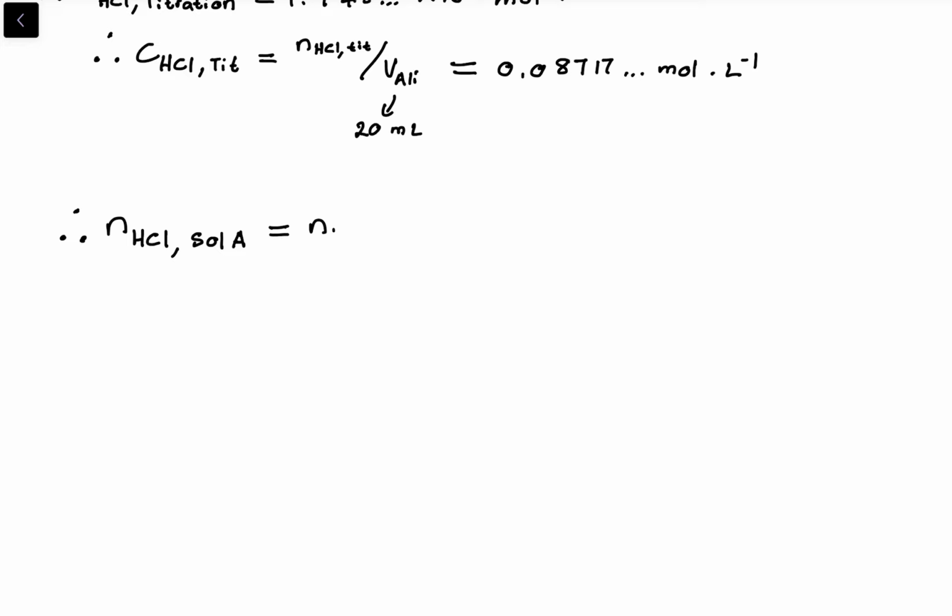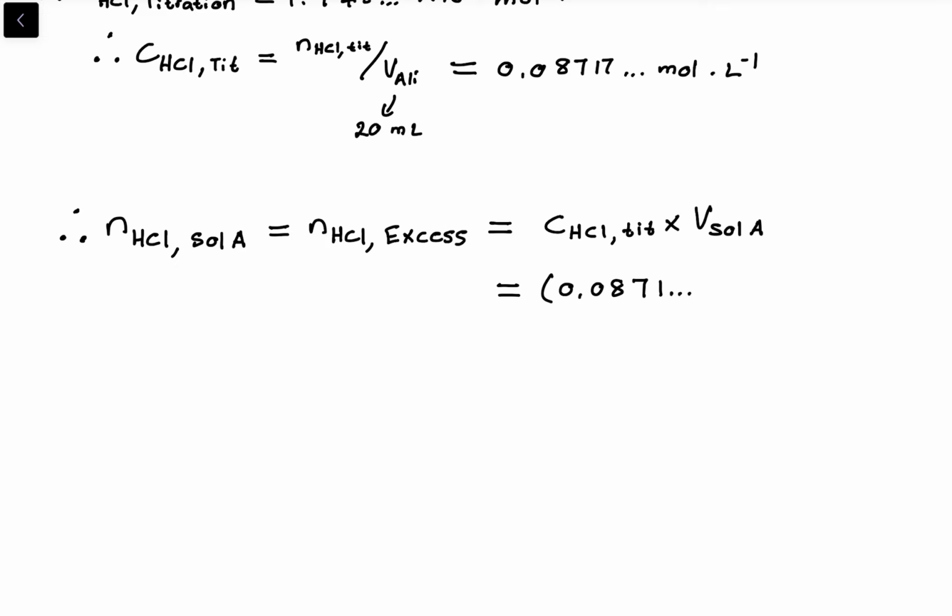Otherwise put, the number of moles of HCl in excess is then equal to the concentration of HCl in the titration multiplied by the volume of solution A. 0.08717 molar.